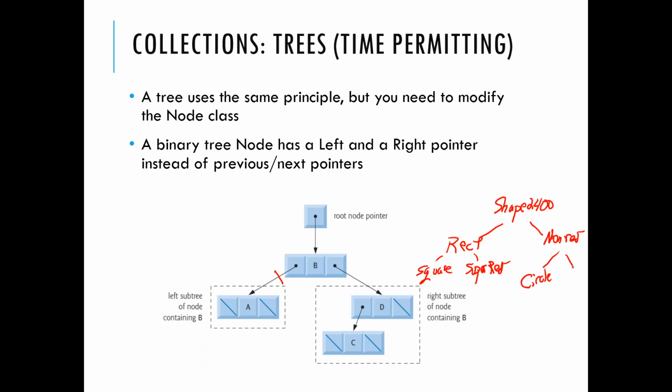Now, if we wanted to, it's not necessarily a binary tree. We can actually add other branches to how we do inheritance. But inheritance ends up being represented using a tree. That's the only point I'm trying to make here.